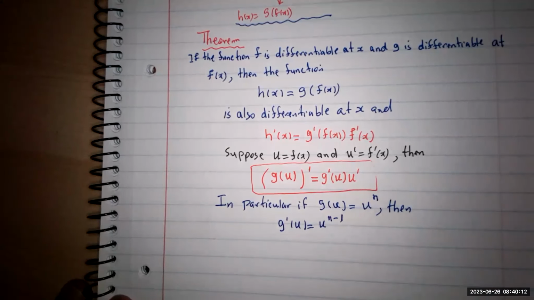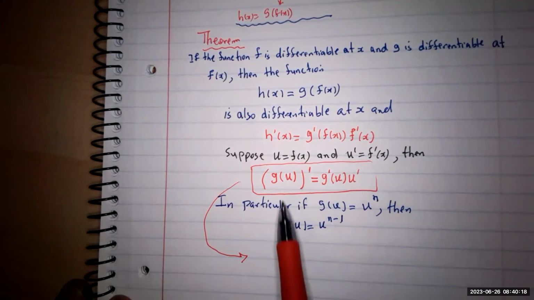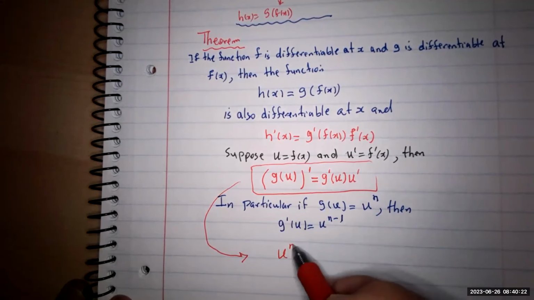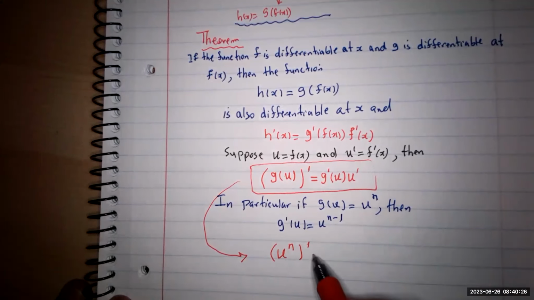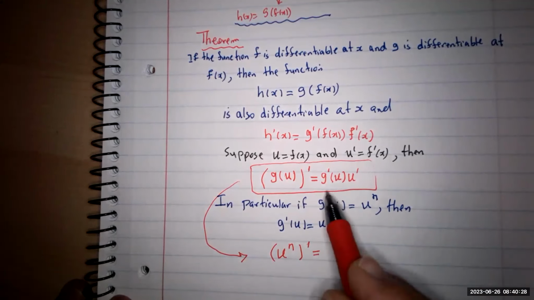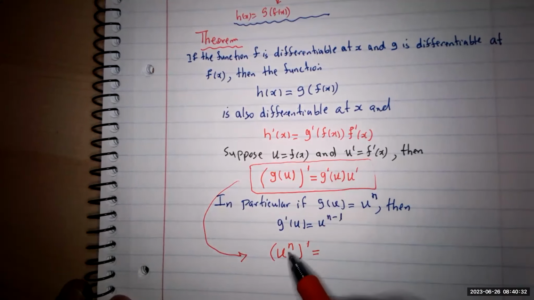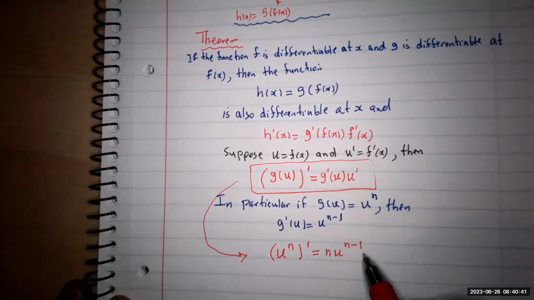Okay, and if you apply it to this formula, the result would be this. The derivative of u to the n is equal to the derivative of the outside, g prime of the power: you bring the power down, n u to the n minus 1, times u prime.